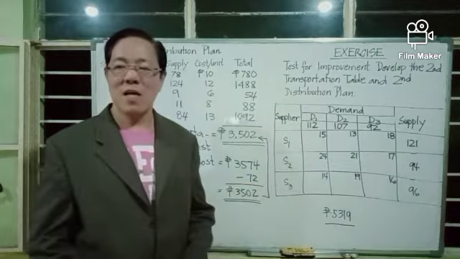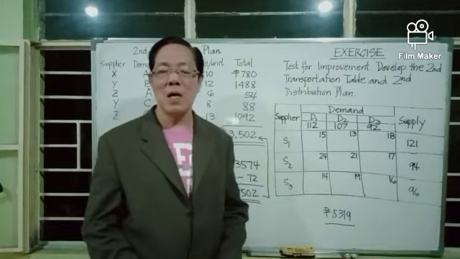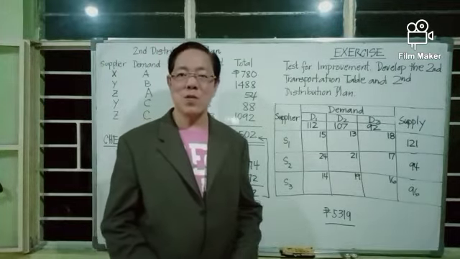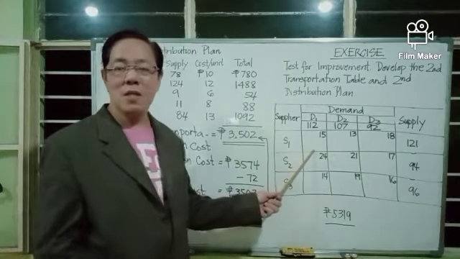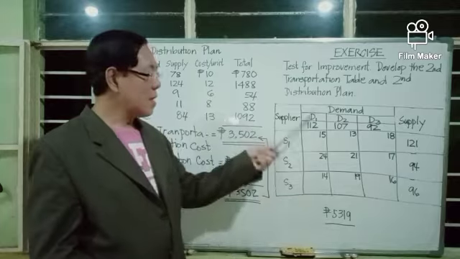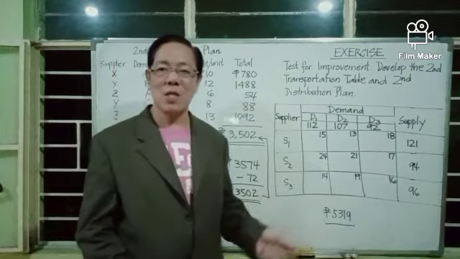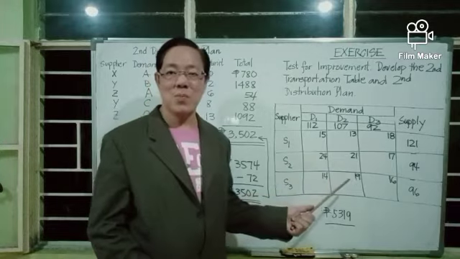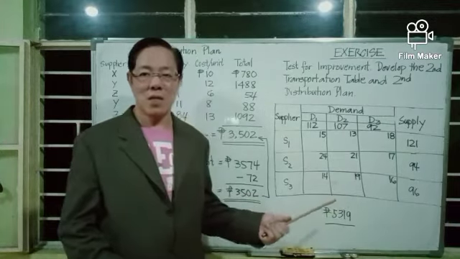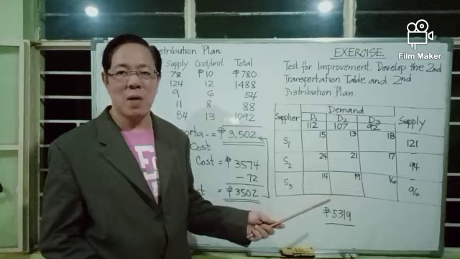And in that exercise, I asked you to develop the initial distribution plan. You make the initial distribution in the initial transportation table, and we check whether this is a balanced transportation problem, and it was a balanced transportation problem.